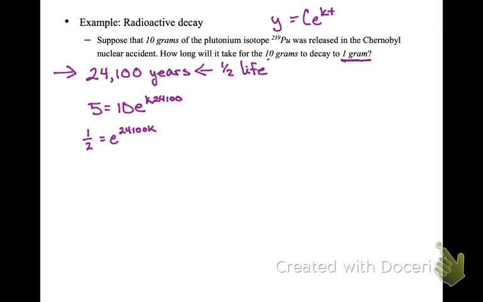And then I take the natural log of both sides. So the natural log of 1/2 equals, I'm just going to skip to 24,100 k. Y'all good with that? So then k equals the natural log of 1/2 divided by 24,100.